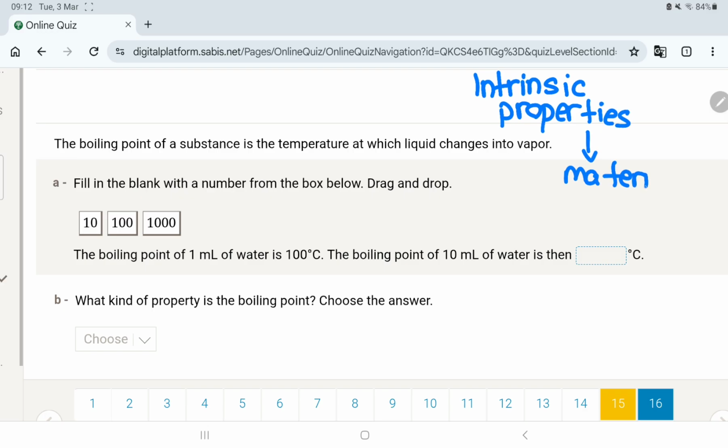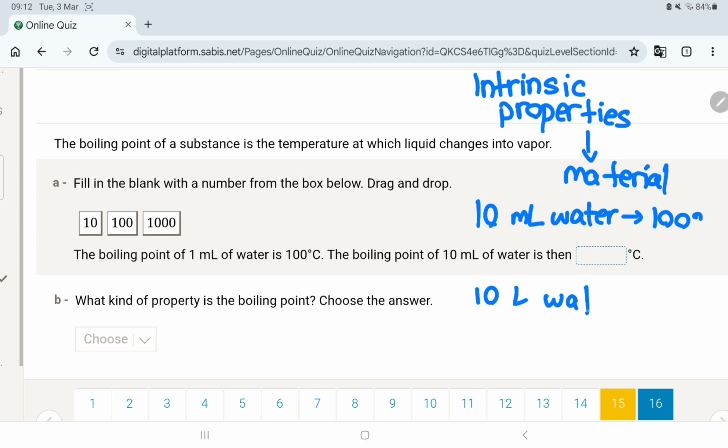And remember when I gave you this example? 10 milliliters of water boils at 100 degrees Celsius. So 10 liters of water, will it boil at 200? No, it's still gonna boil at 100. Why? Because the boiling point depends on the material, which in this case is water.